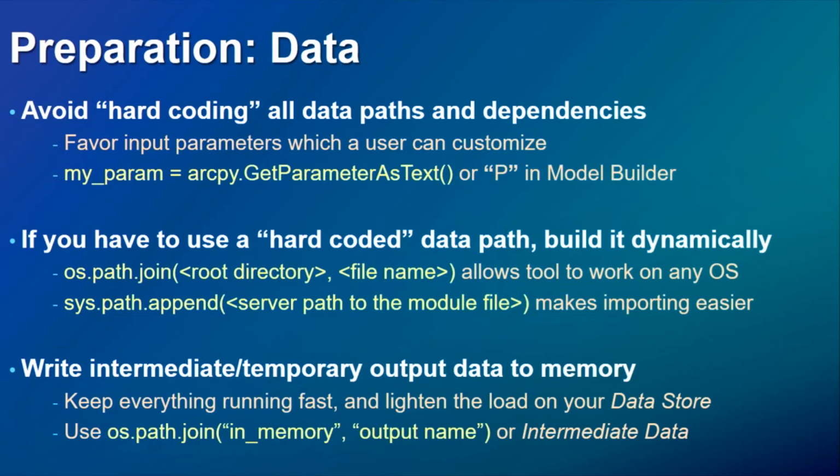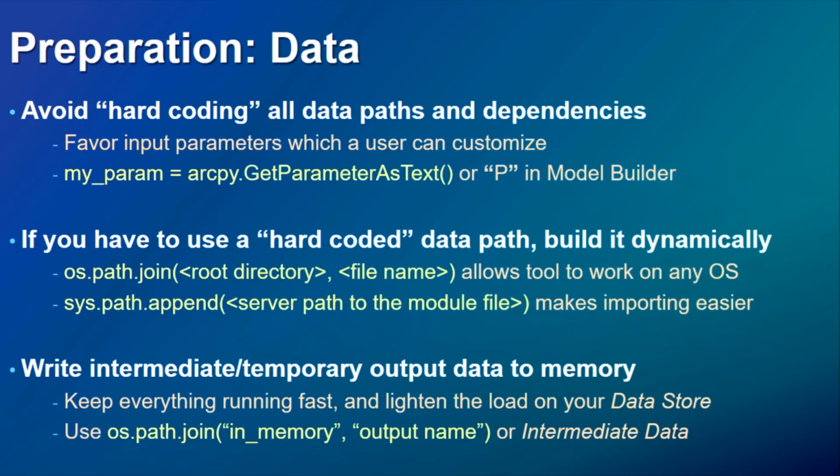Now, in preparing for your data to be utilized by the tool, you want to avoid hard coding any data paths and dependencies. So if you're using Python or maybe even Model Builder, and you have some data dependencies in there that are required for that tool to run, you'll want to make sure that you are setting any of the dynamic options, the things that can be chosen as parameters in the tool.